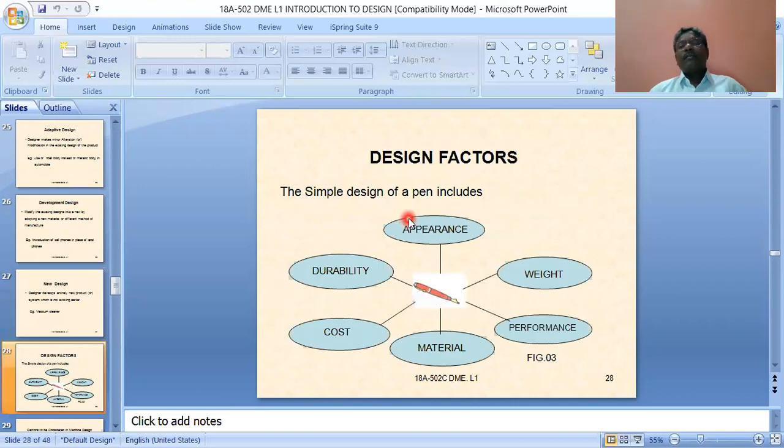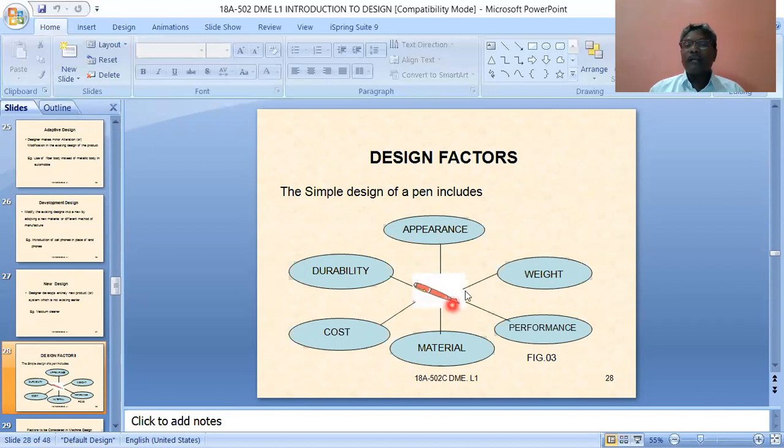Now let us have the different factors for the design. Factors means, when you have to design any product, we have to think about different parameters or factors for the design. Let us say suppose there is a pen you want to design. It may be an existing one, or a new one, or a developmental one, whatever it is. But here we have different factors: its appearance, that is, its aesthetic appearance we should also take into account.